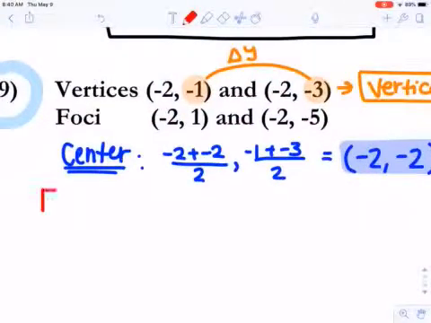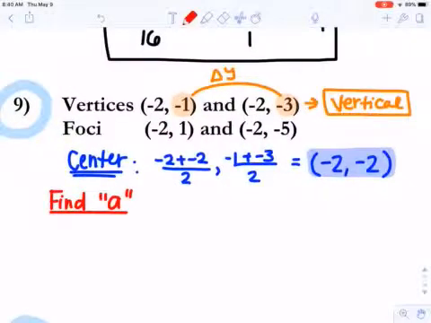So remember, A is the distance from the center to each vertex. So here's the center, and then here's each vertex, guys. So how far is -2, -2 away from -2, -3? Well, those are just 1 apart, guys. So the A value is 1.